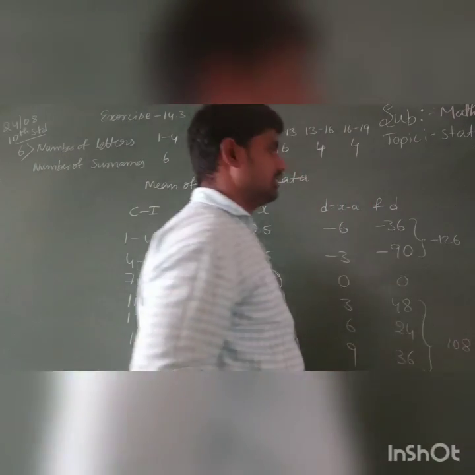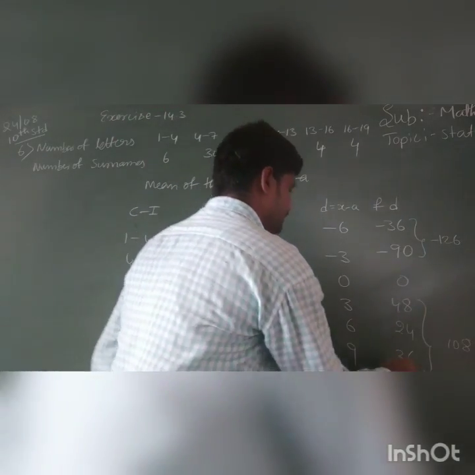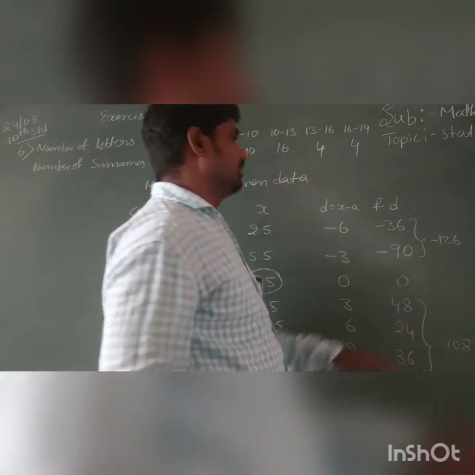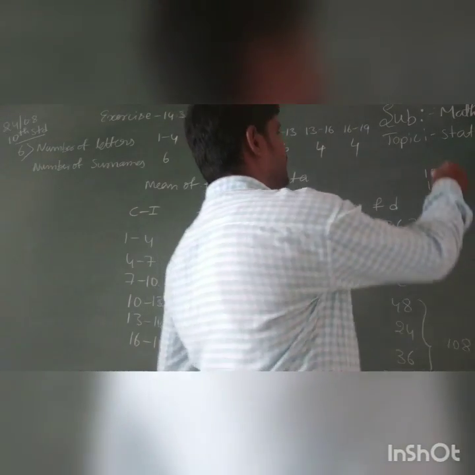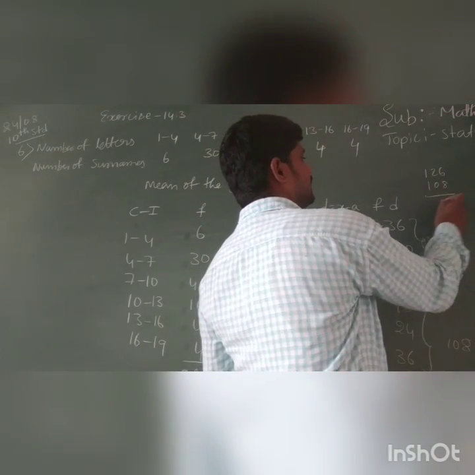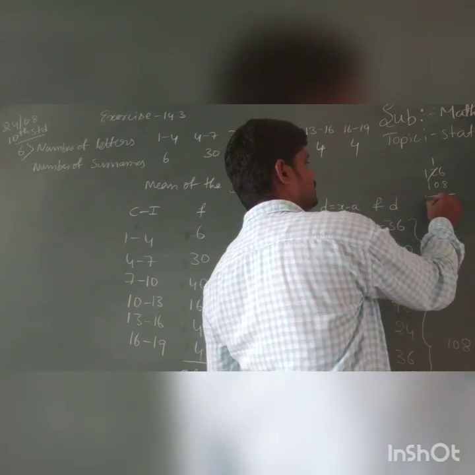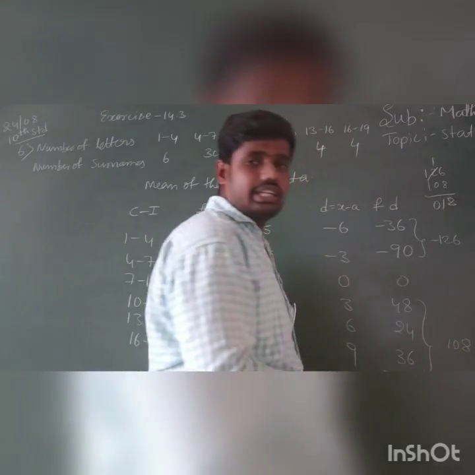Which is the biggest number among these two numbers? 126, and it has a minus sign. So I put minus symbol. Next subtract. 126 minus 108 is 18. The sigma fd value is minus 18. Any doubt regarding this one, children?